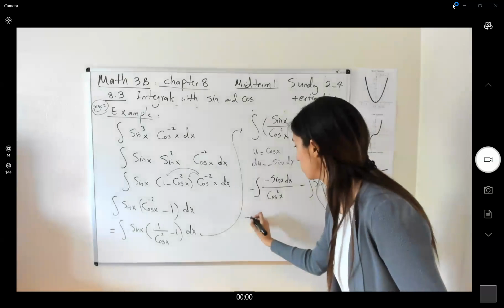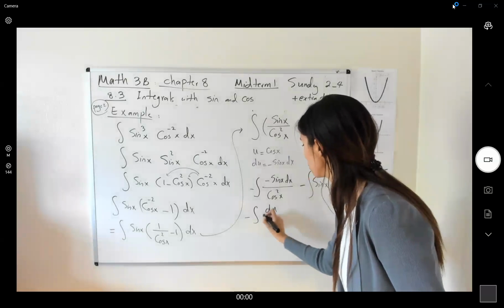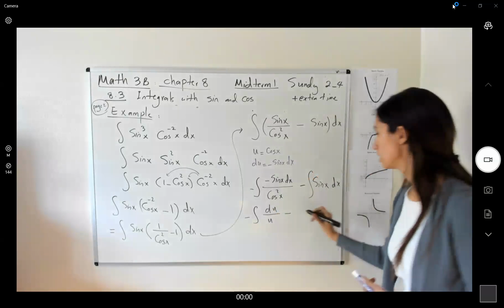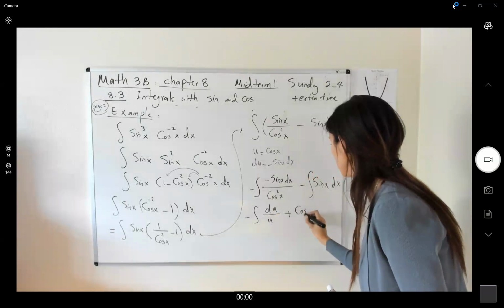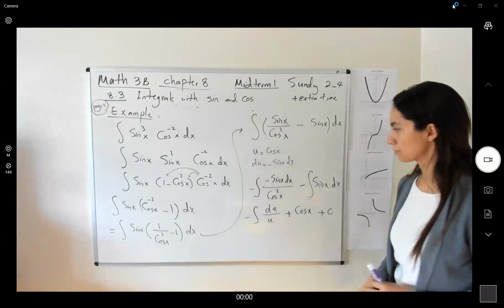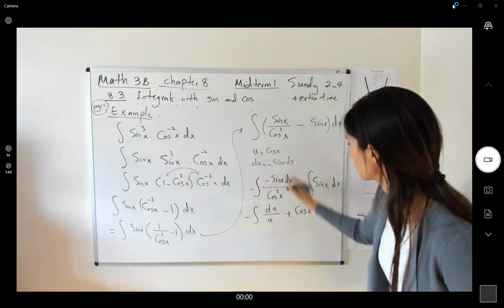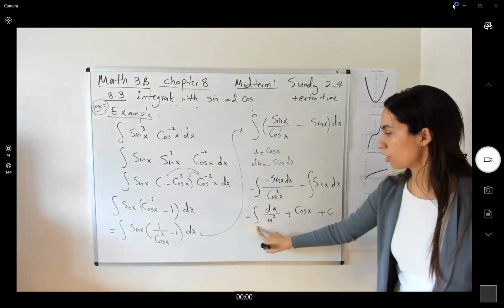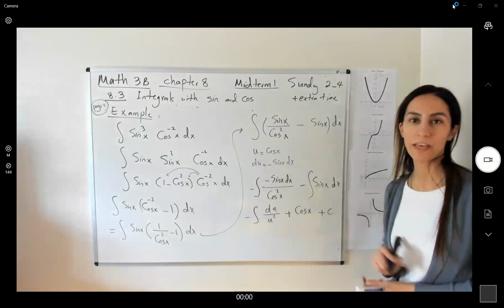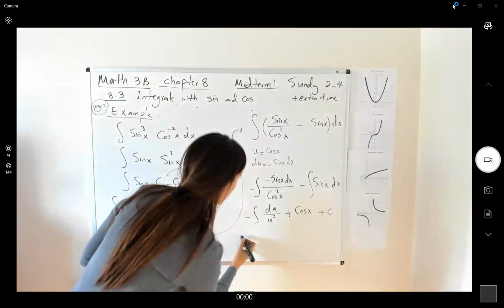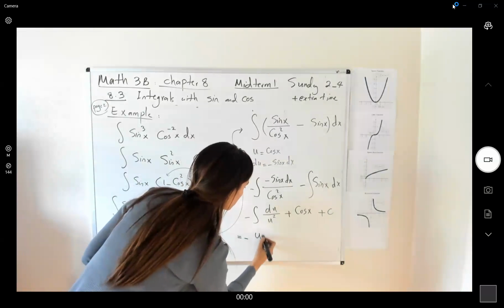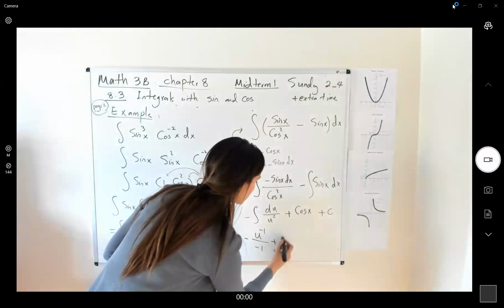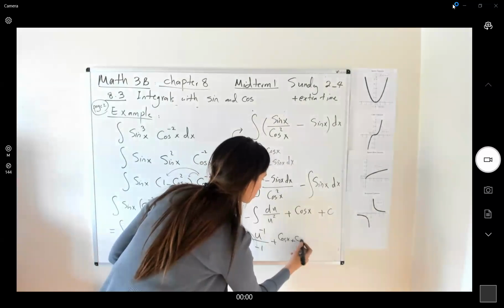So here you have minus the integral of du divided by u squared, and you already know that the integral of sine is negative cosine. So here we go. And this guy has exponent 2. The integral of u to negative 2 is minus u to negative 1 over negative 1 plus cosine x plus c.